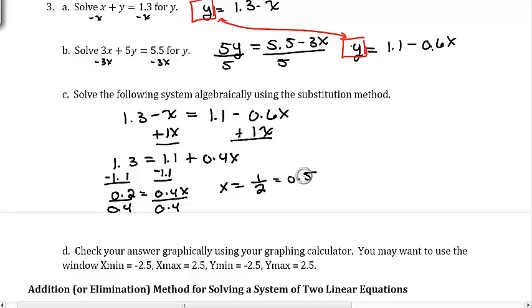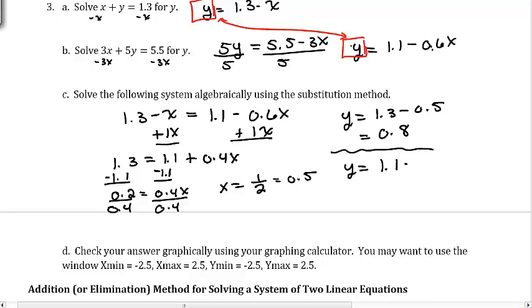And then plug 0.5 back into either one of these two equations, and it should give you the same value. So y would be equal to 1.3 - 0.5, and that gives you 0.8. And the same if we plug it in here, and we'll just show you that so that you can see that you'll get the same value. y = 1.1 - 0.6 times 0.5.